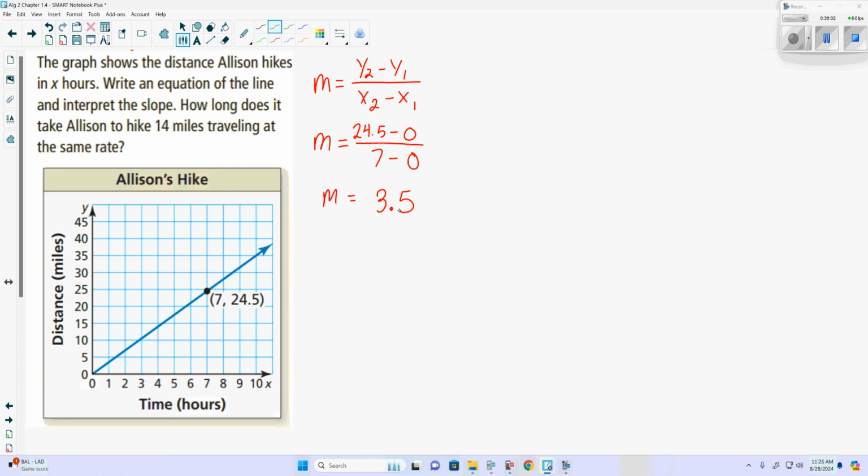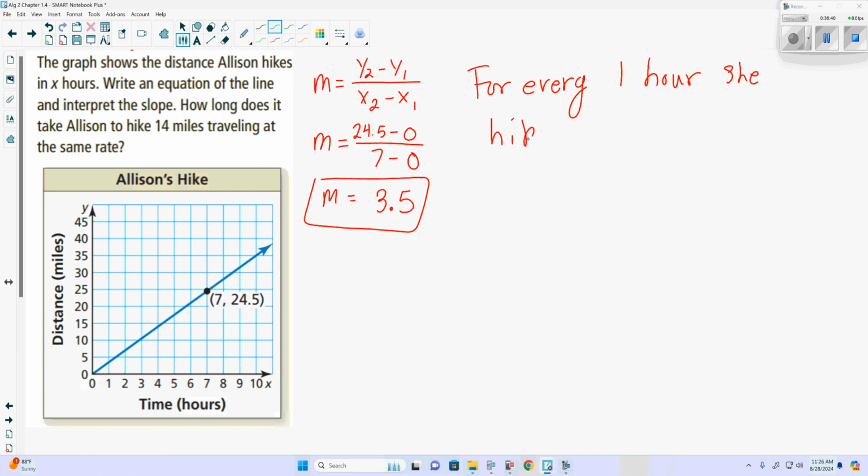So, interpreting this slope, for every how many hours? What's our time for this? So our slope is 3.5. Is there a denominator? So for every one, because it's, yeah, so for every 1 hour, she hikes how far?